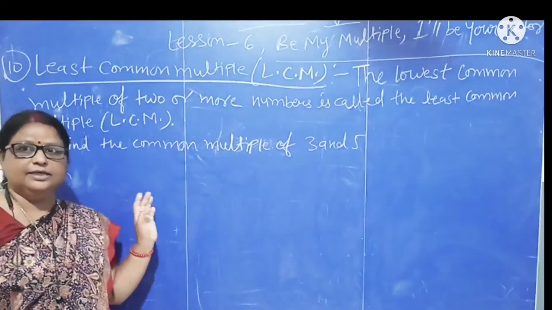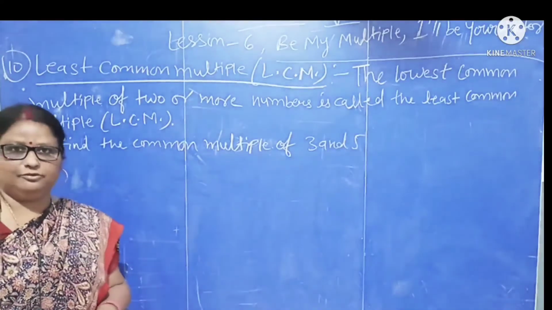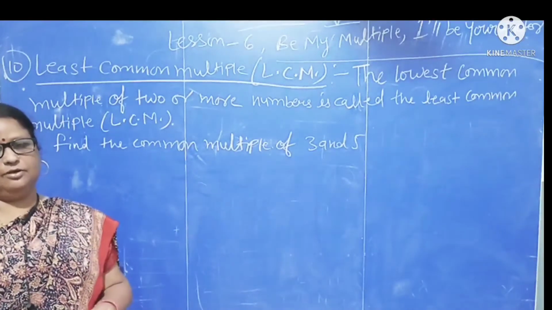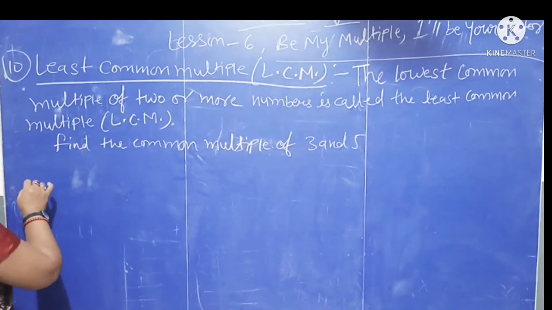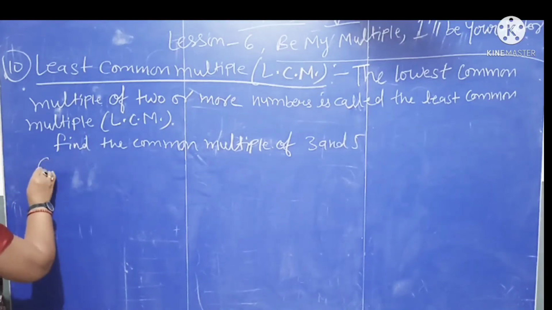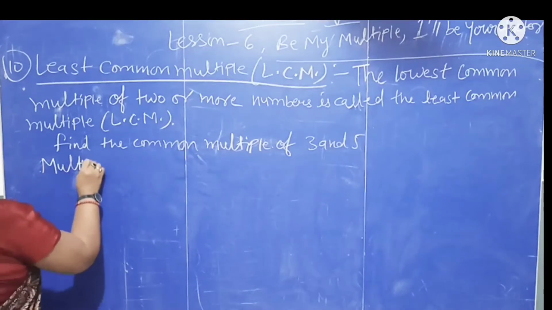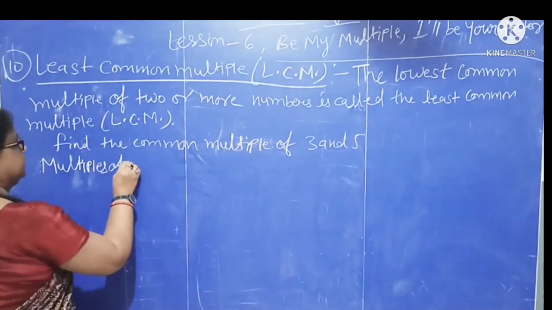So first we will find the multiples of 3 and then we will find the multiples of 5. Then we have to find the common multiple of 3 and 5. So let's start. First, multiples of 3.